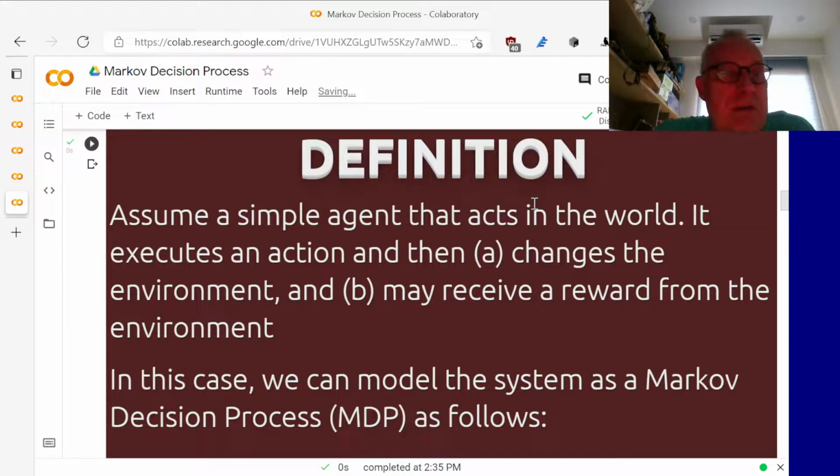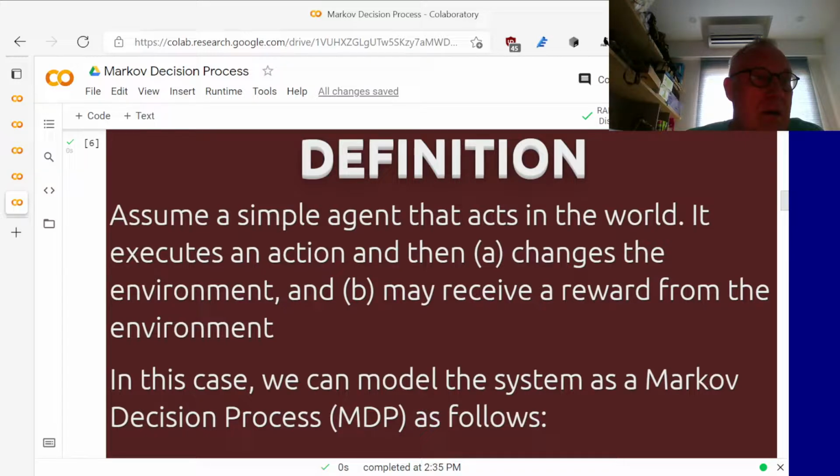We assume that we have a simple agent that acts in the world. And it executes an action, and then the environment, based on the action that the agent executed, the environment changes.